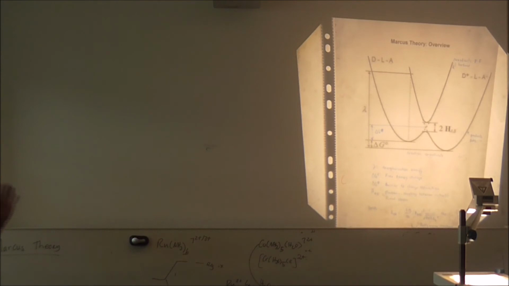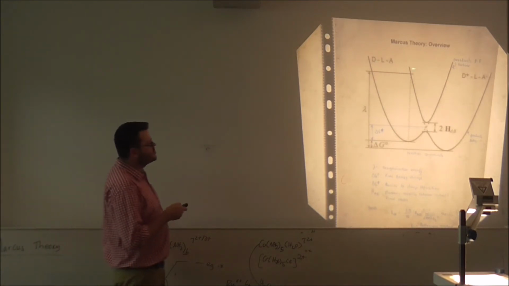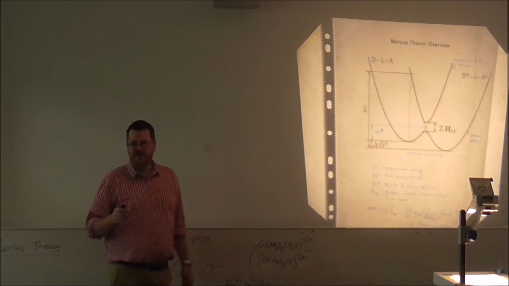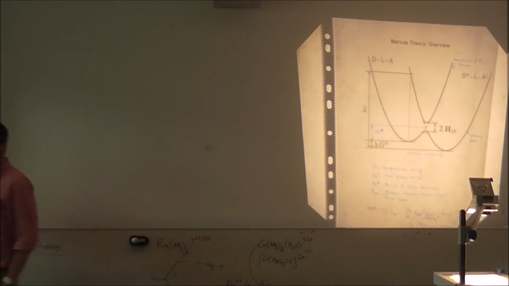I don't want to get into too many details because this is very complicated. Don't worry too much about this. But what this curve represents is essentially the potential energy of the reactant, and this is the potential energy of the product. In other words, this is the oxidized form, this is the reduced form, if you're considering a self-exchange.